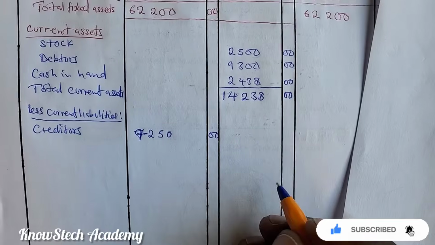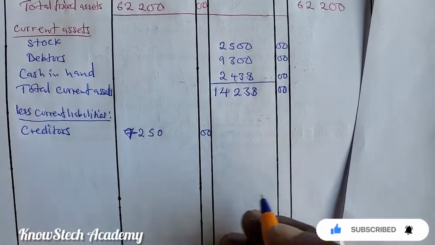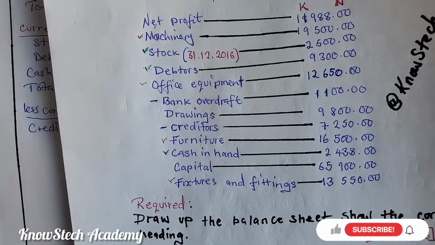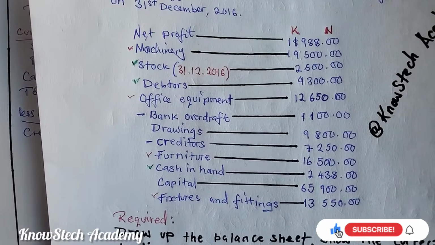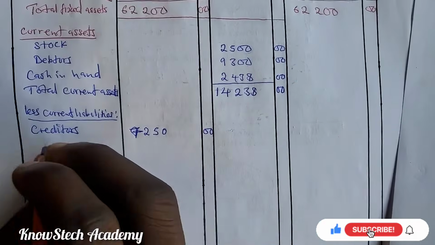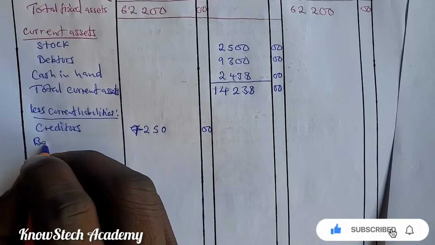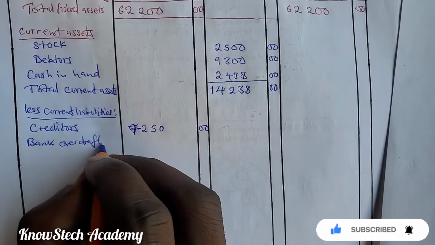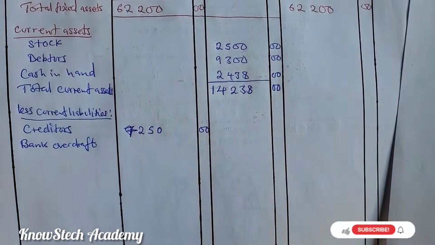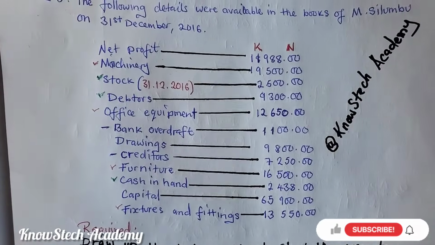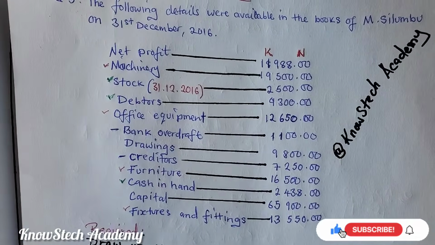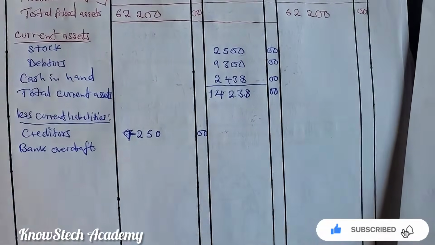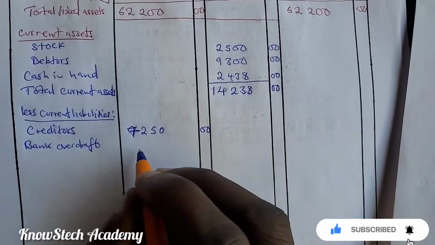So let's do the procedure step by step. We still have a bank overdraft here as another current liability. So we're going to write bank overdraft. When you check nicely here, the amount for bank overdraft is 1,100.